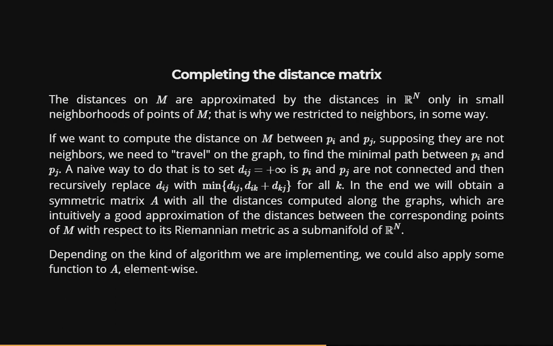Now, sometimes you would like not to use exactly the distances, but some function of the distances. For example, the distance squared, that we will see, or in some cases when you are dealing with probabilistic stuff, e to the minus square distance, or e to the minus square distance over something. I think you recognize the function.